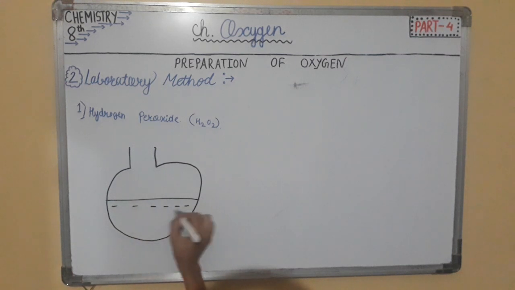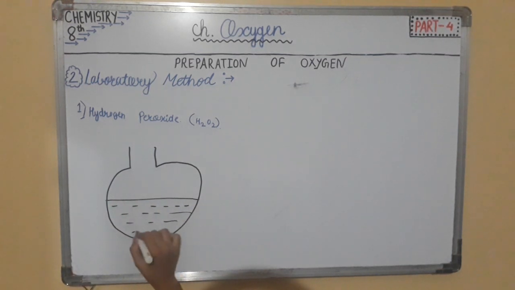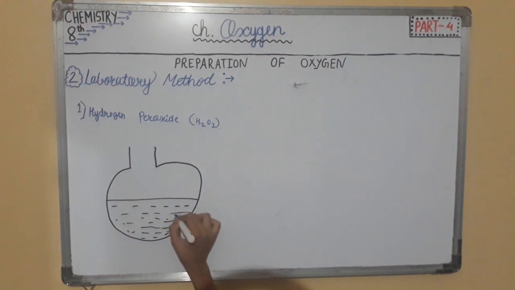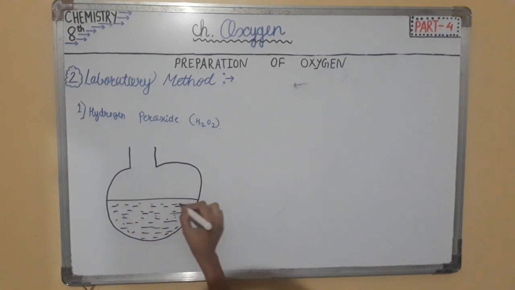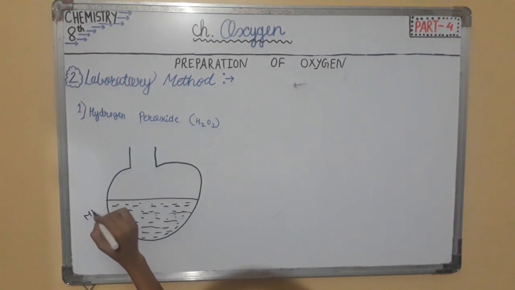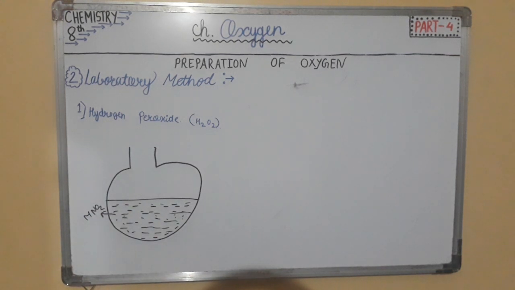Like this, there is a jar, and the manganese oxide is filled in it. After that, a tube is there.